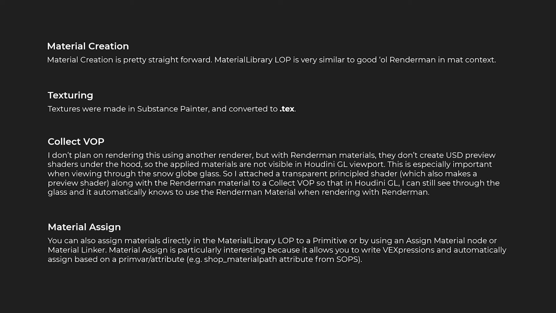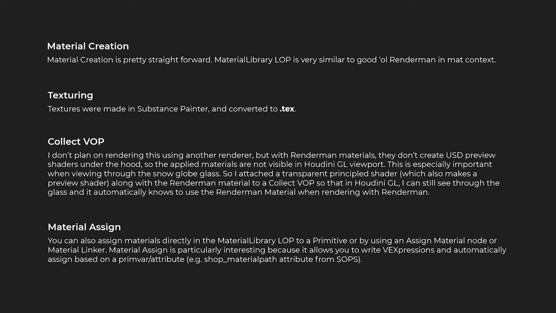And one of the uses I had for a different project is that I can type up some VEX and read a primvar attribute from, let's say, a shop_materialpath attribute from SOPs.